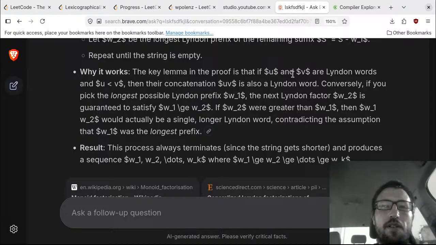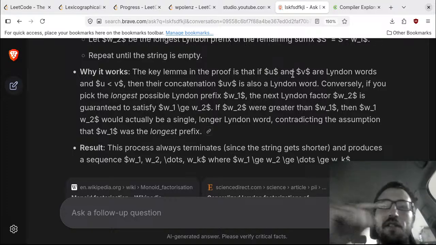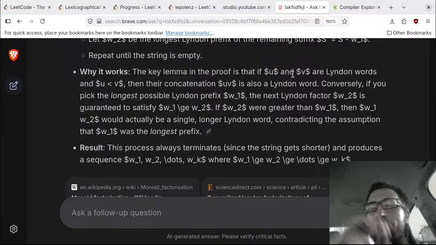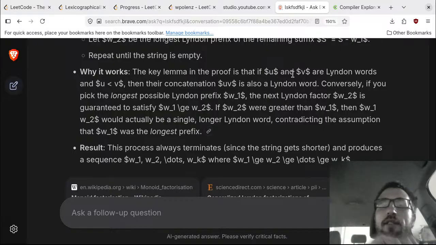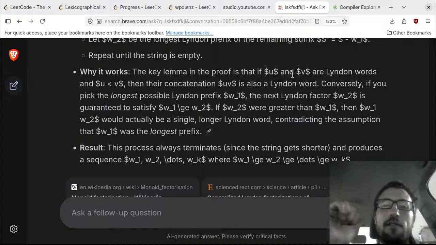Yeah, since U is the smallest of any rotation, and V is the smallest of any rotation, if you concatenate V to U, any rotation you have, that initial U is still going to be smaller. It's going to be smaller than any portion of U. Oh, I see.